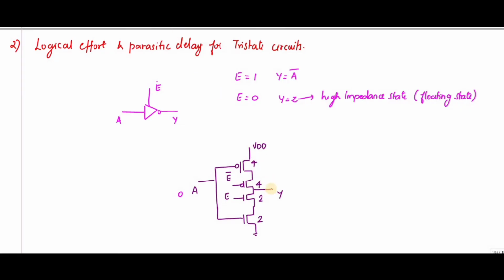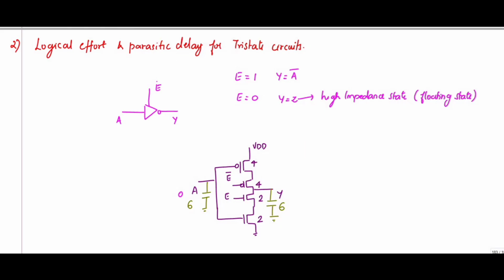To find the output capacitance, the output is connected to E bar and E, and that value is 4 and 2, so the addition of these two values is 6. The input capacitance is connected to 4 and 2, so the addition of this value is C.